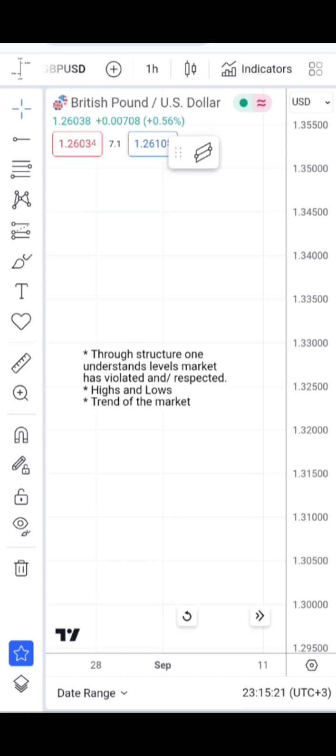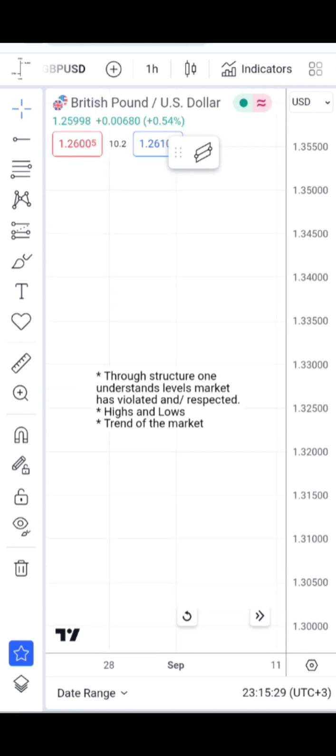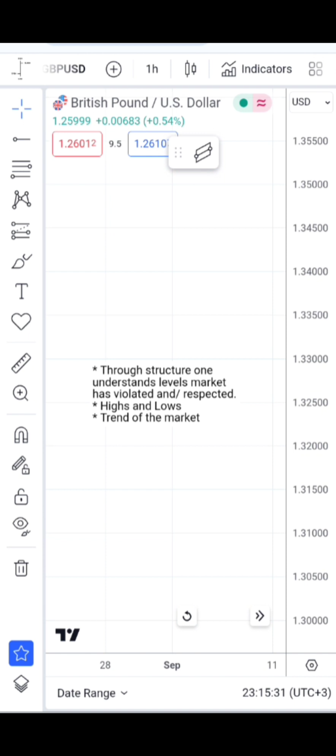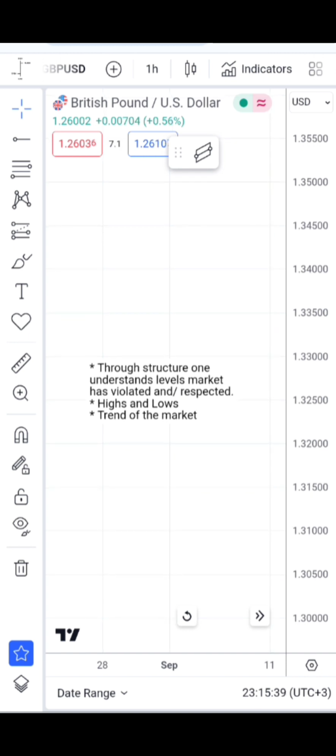That is, through market structure, we're able to tell the direction that specific pair has taken. For instance, knowing whether it's an uptrend or a downtrend. So through market structure, traders are able to establish the trend of the market.